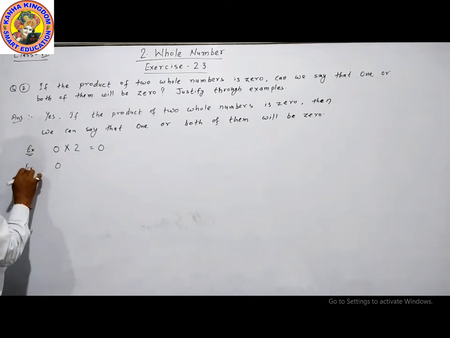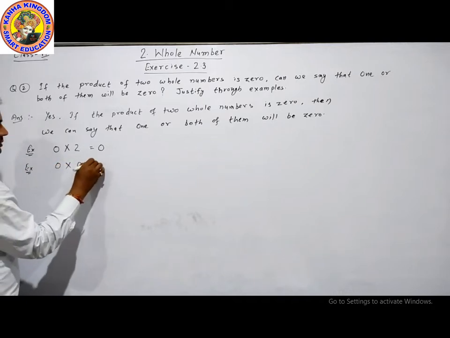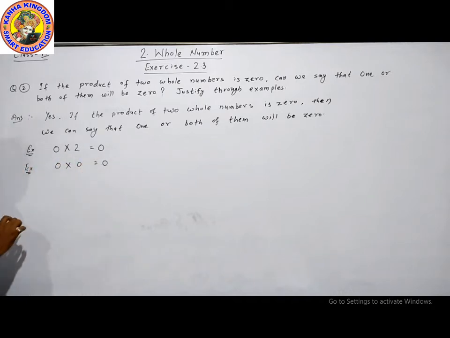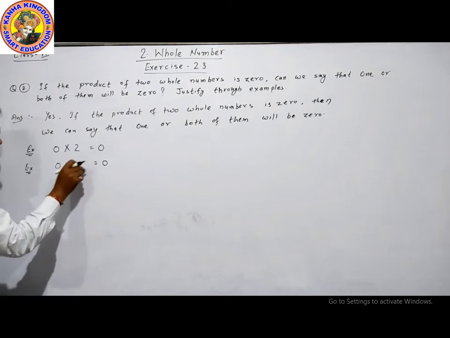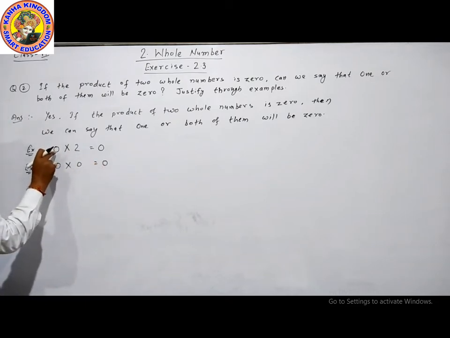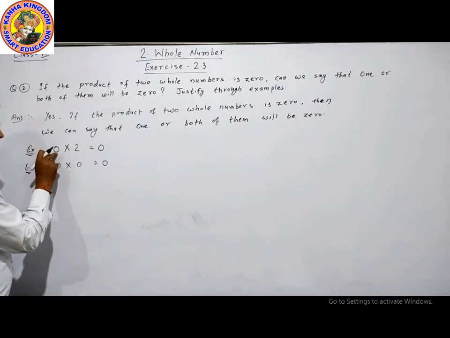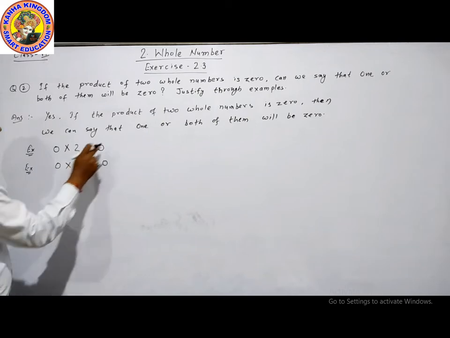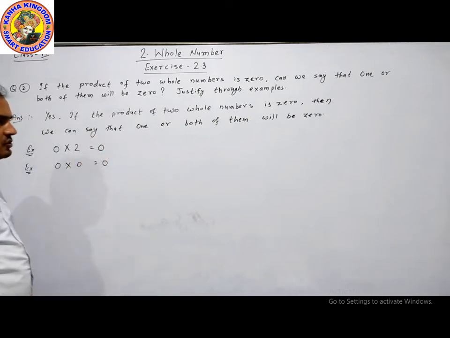If we multiply 0 into 0, the answer is 0. If in multiplication we use one digit 0 or both of them 0, it gives answer as 0.